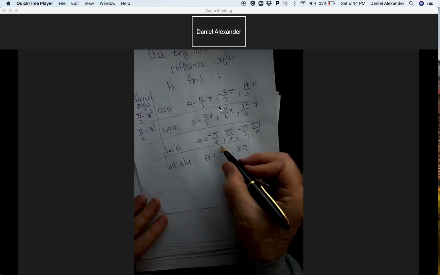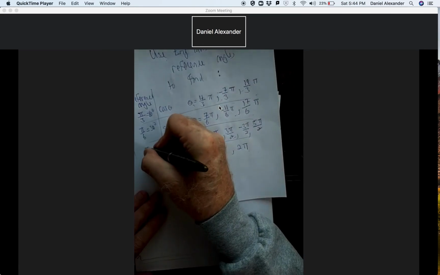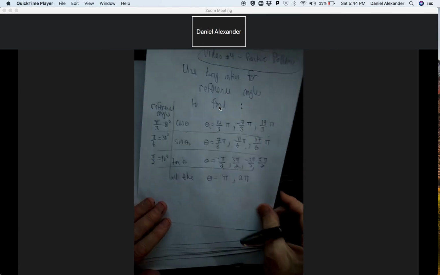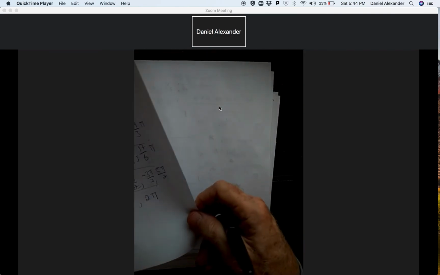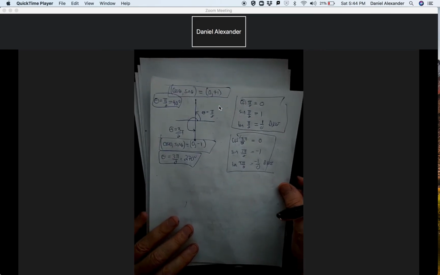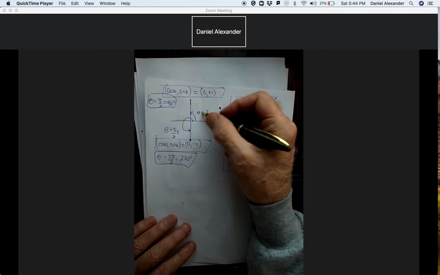So the next one, I have to look back at the sheet. Sorry, I misplaced it. Here it is. Okay. So the tangent of theta, and notice everything's over 2, so our reference is going to be pi over 2, which is 90 degrees. So I have a pi over 2 chart all figured out.